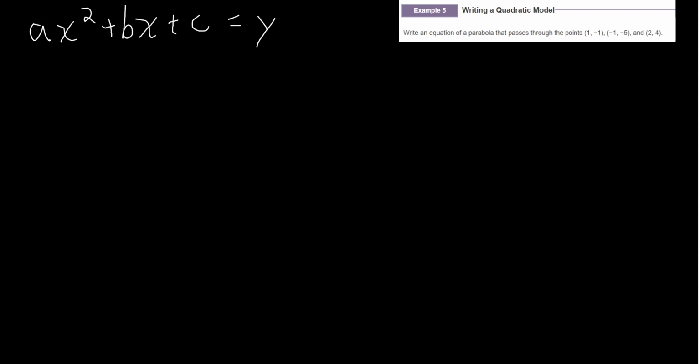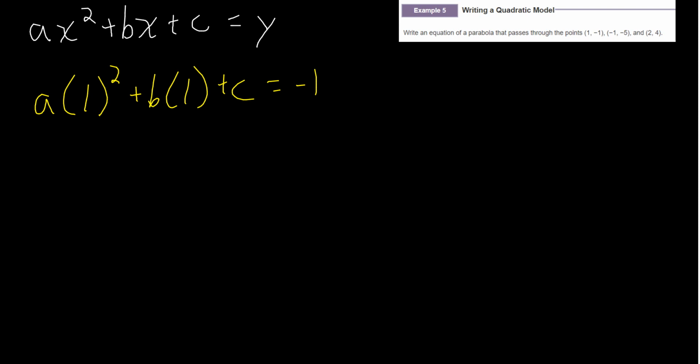All right, so for the first equation, we're going to put a 1 in for x. So we have a times 1 squared plus b times 1 plus c is equal to my y, which is -1.